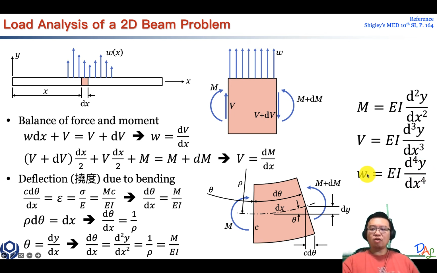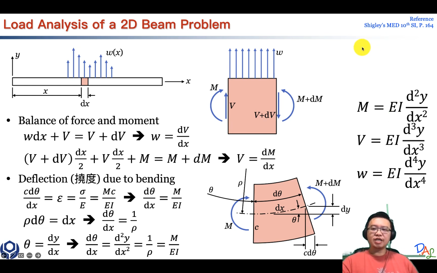Or if we take one integral of w, we get V, and take one more integral, we get M. And 2 more integrals, we get y. This is how those 4 quantities are linked.